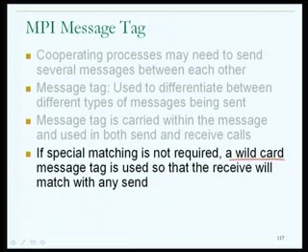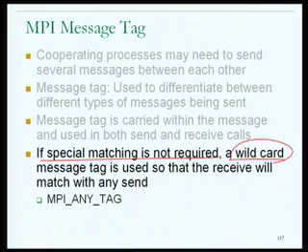It is basically a wildcard indicating that it is not a specific value of message tag, but some general kind of notation for a value, and this is to be used in the special case where we don't really want to match a particular send and a particular receive, but don't mind which data is received by any one of the receives in process P1 in our example. So, in this case what one would include as the message tag is the MPI constant MPI_ANY_TAG. So, MPI_ANY_TAG is what is referred to as a wildcard, to be used in cases where one doesn't really care what the value of the message tag is.